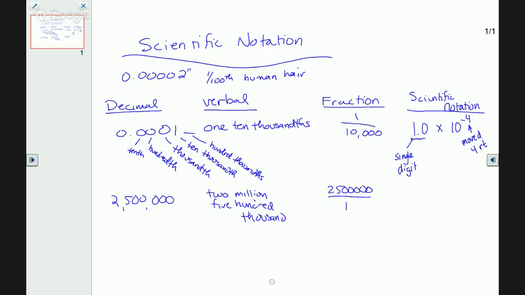I need 2.5. Make that a single digit, right? The way I do it, how many decimal places? Positive 6 is a really big number. That's how I do it. Or you could say move left 6.